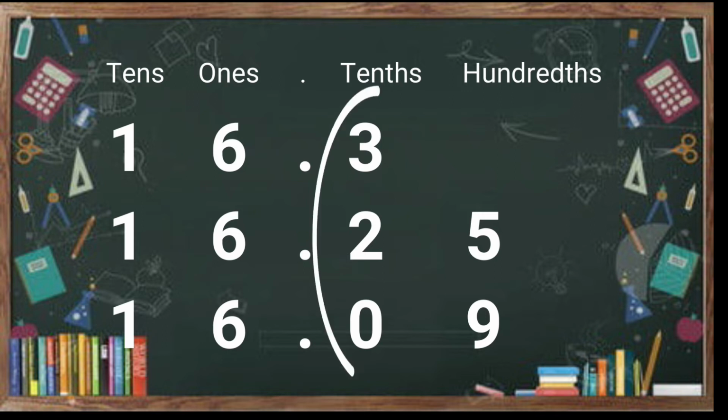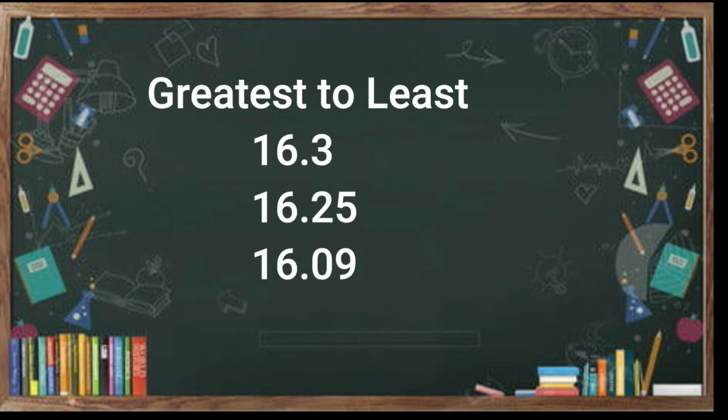On the tenths place, we have 3, 2, and 0. So basically, 3 is the highest, next is 2, and the lowest is 0. If you are going to arrange the 3 from highest to lowest, we have 16 and 3 tenths, 16 and 25 hundredths, and 16 and 9 hundredths.